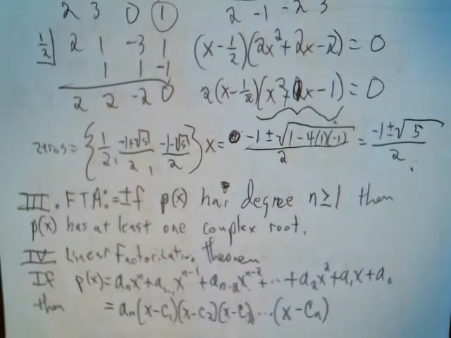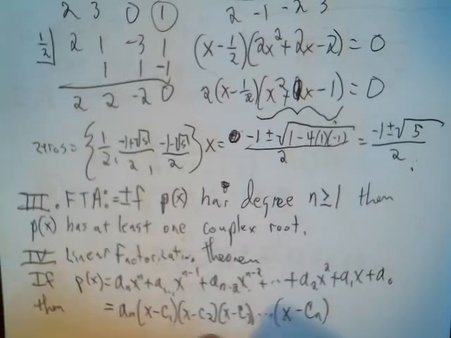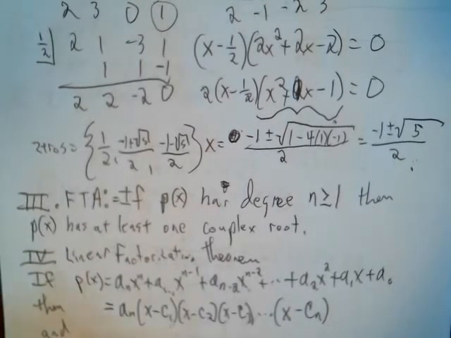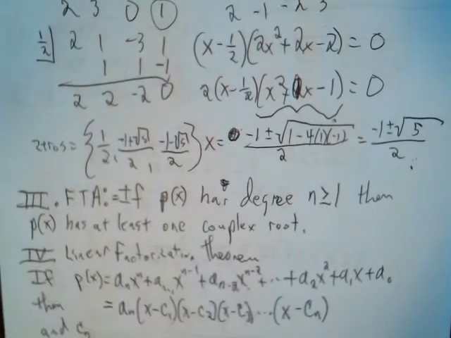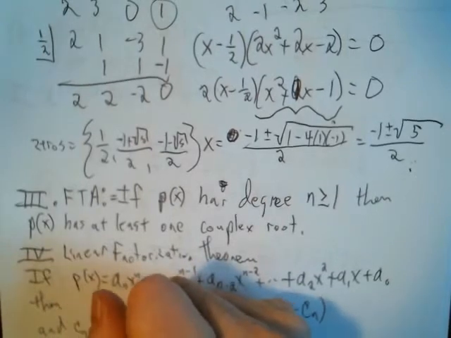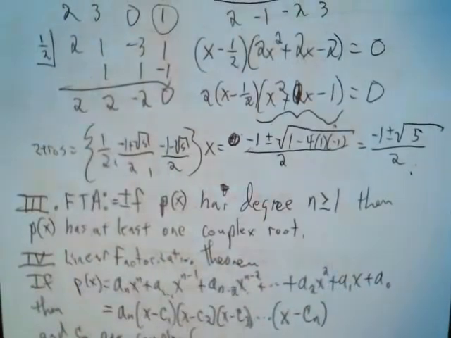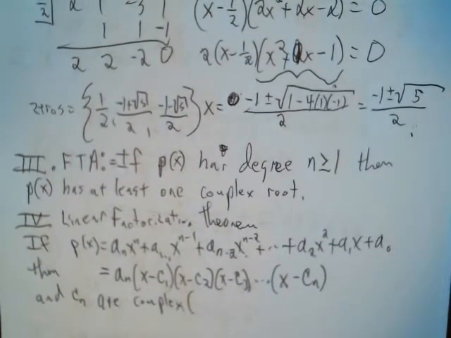Okay, so there will be n of those things, and the c sub n may be complex. So we'll just note c sub n are complex. And when we say complex, we actually mean that they can be real, right? A complex number is real when the imaginary part is 0.